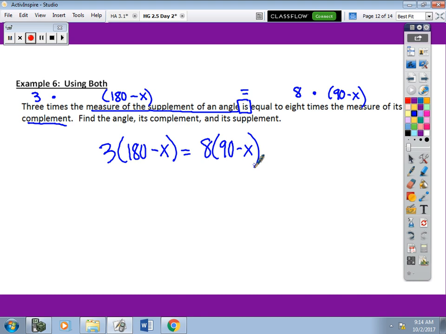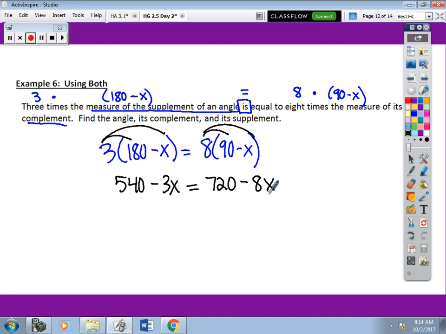So when you're solving this, you have to make sure you distribute appropriately on both sides. We'll do 3 times 180, which will get me 540, minus 3x, equals 8 times 90 will get me 720, minus 8x.